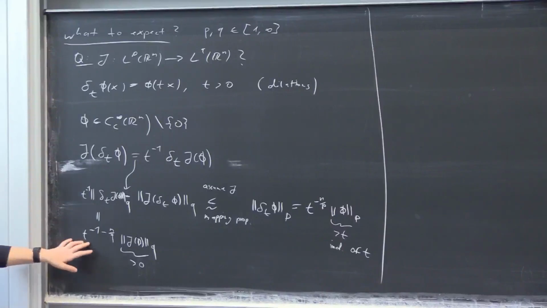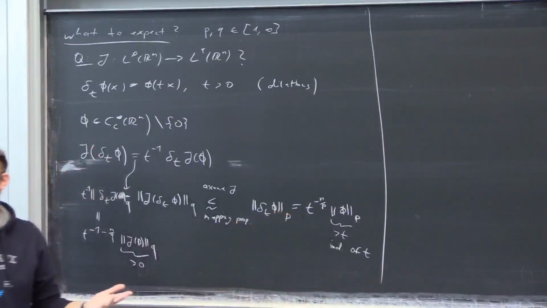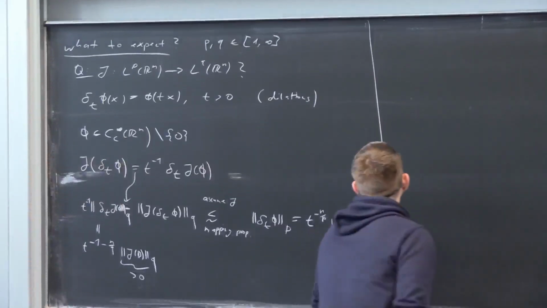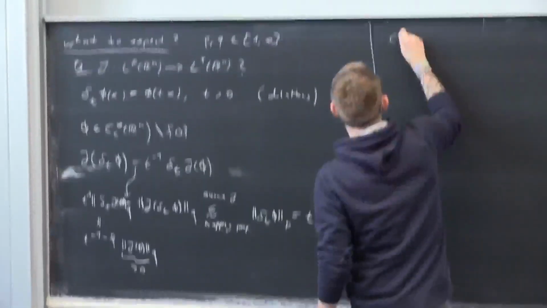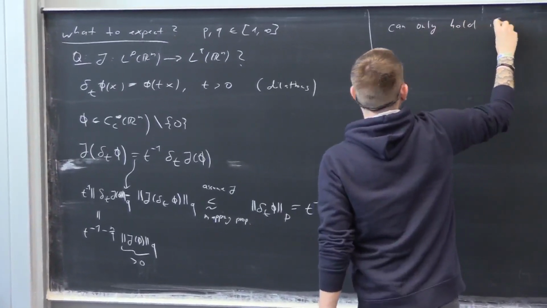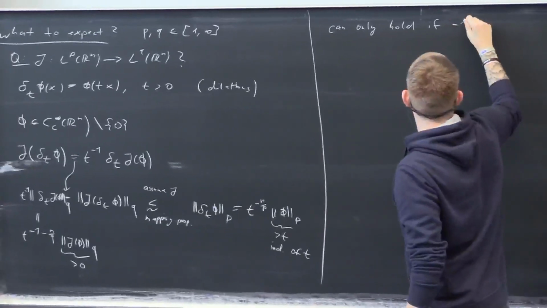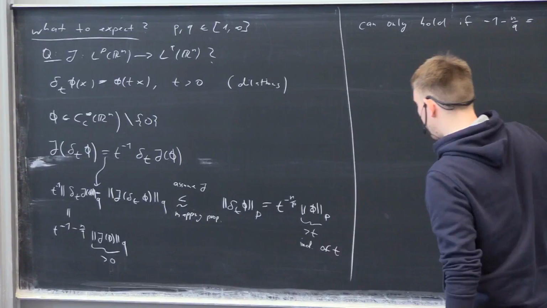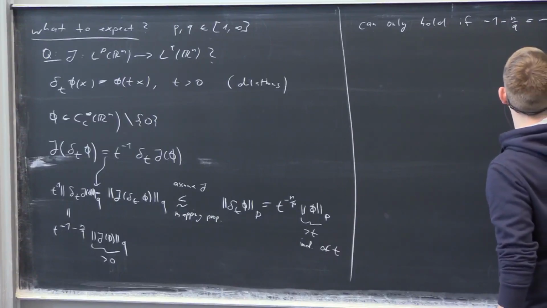So if the power of t here and the power of t here don't coincide, we can either send t to 0 or send it to infinity, and the left hand side will blow up. Okay? So this can only hold if minus 1 minus n over q is equal to minus n over p.